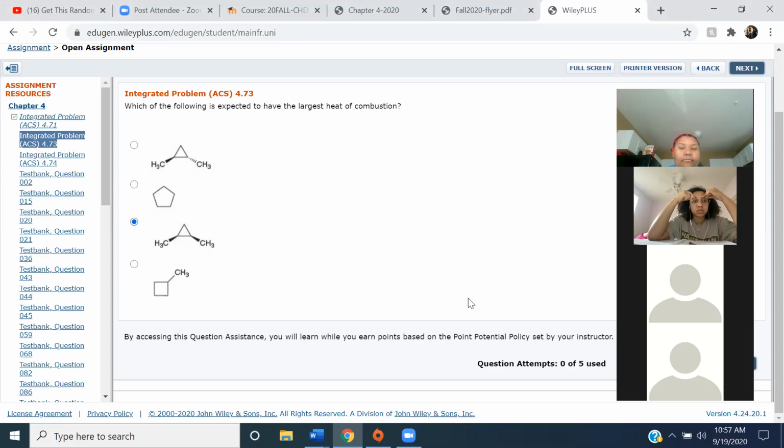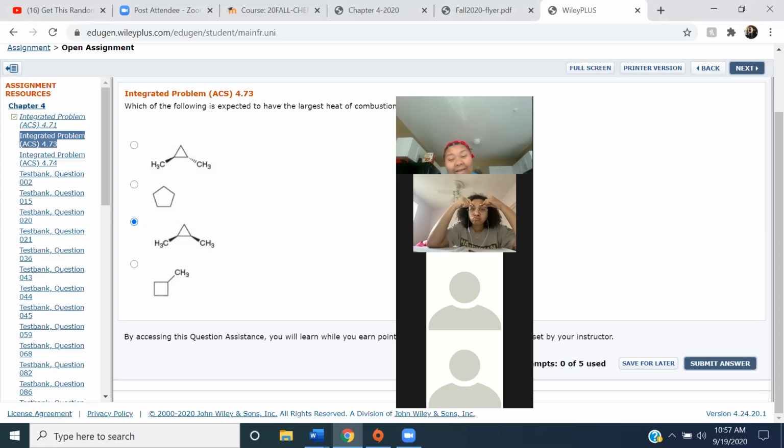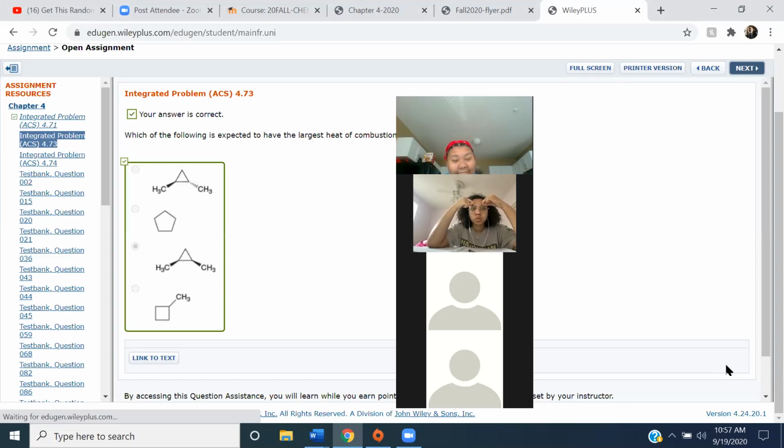Okay, cool. So that's the reasoning, because we have the answer. We just need to understand the reasoning for the test. So as a collective, we are saying that is the answer because it is a cis molecule, meaning it comes out creating a larger dipole moment than the other choices.